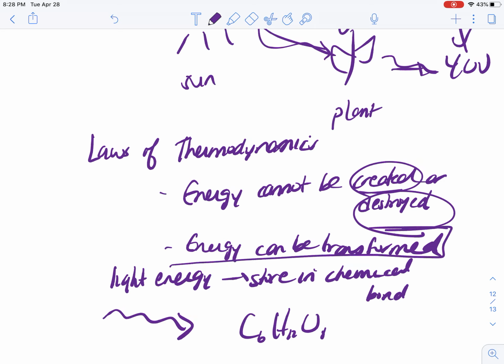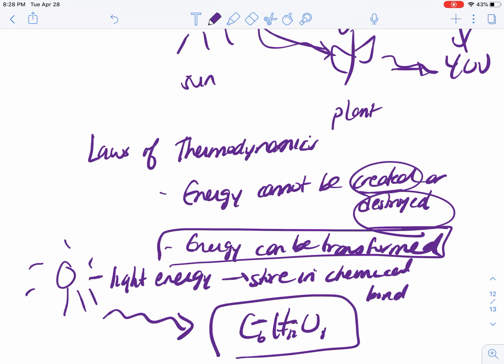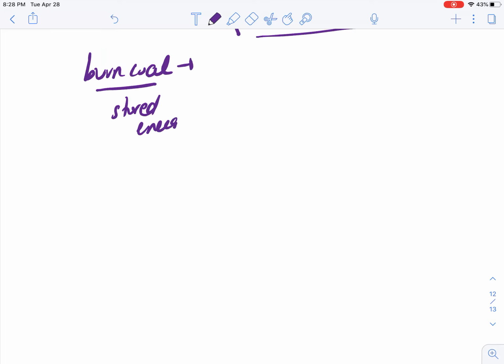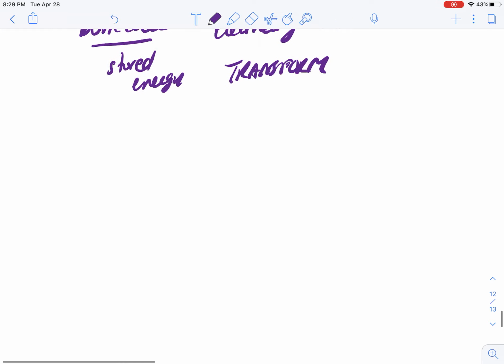So you're transforming it from sunlight to bonds inside a glucose molecule that you eat and release. That's true even of electricity, where you burn coal and release the stored energy in coal and use it for electricity. So you can transform energy from one form to the other, but you can't create or destroy it. And those are the two laws of thermodynamics.